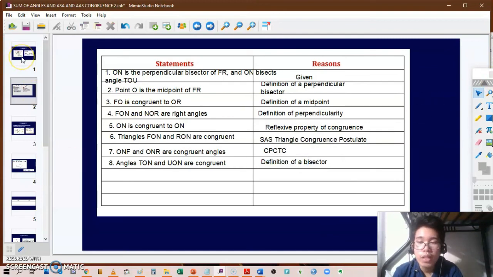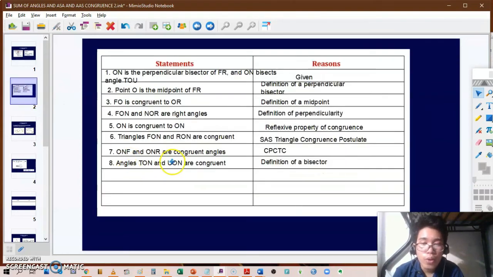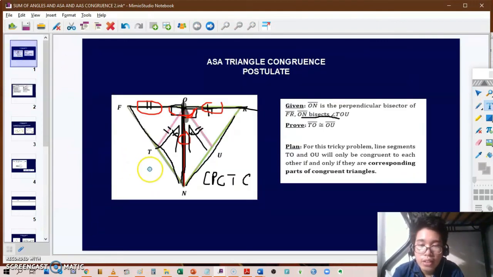And from there, we've already proven that ON is equal to ON through the reflexive property of equality, and therefore for number 9 we can write that triangles TON and UON are congruent.